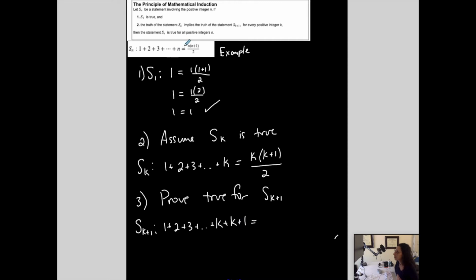And this is the k plus 1 term. So I'm going to now replace n with k plus 1. So n is now k plus 1. So k plus 1 times, I'm replacing n with k plus 1, k plus 1 plus 1 all over 2.